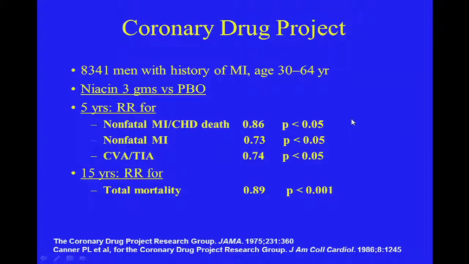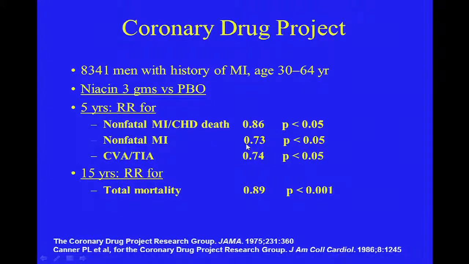So the Coronary Drug Project, which was reported in 1975, okay, this was 10 years prior to the onset of the statins, which were in the mid-'80s and have been around 26 years now. This was one of the great trials that I remember because, in fact, with niacin, you can make a huge difference. There was a 14% reduction in MI and death.